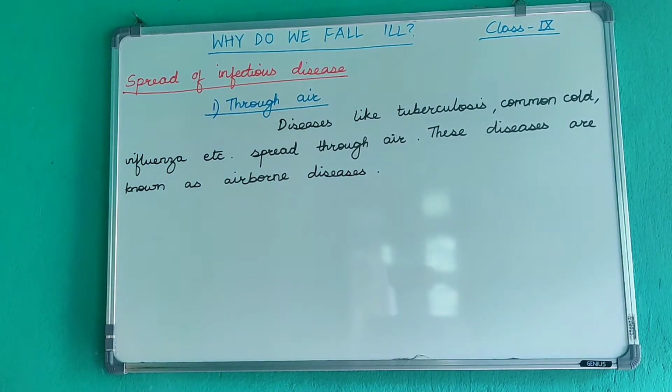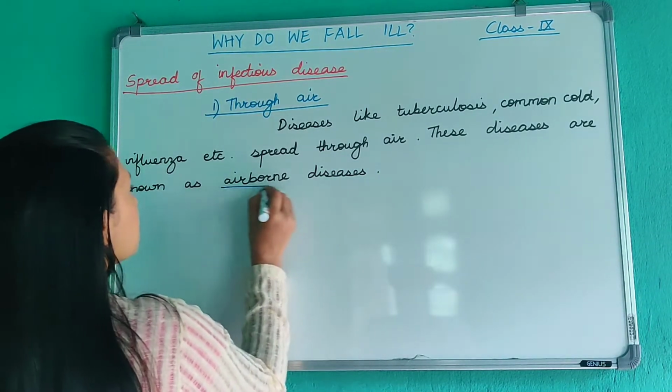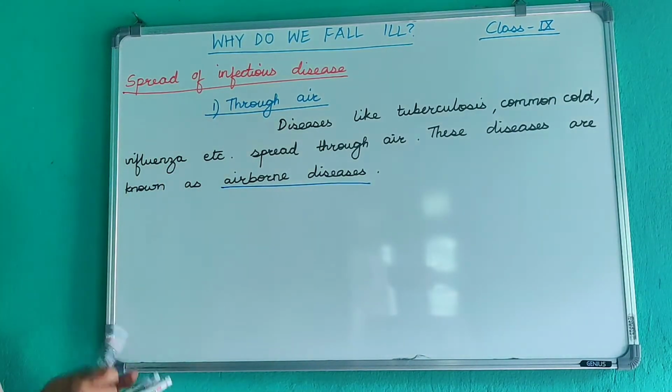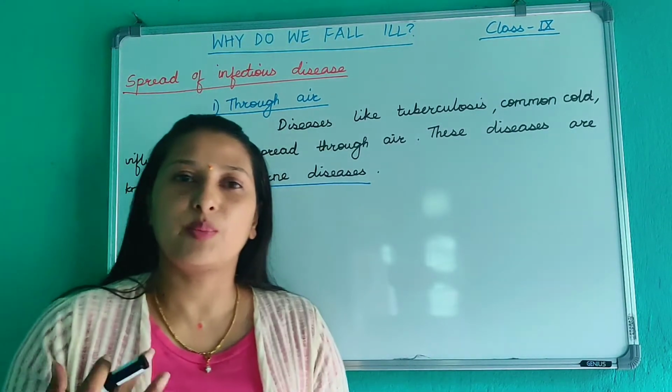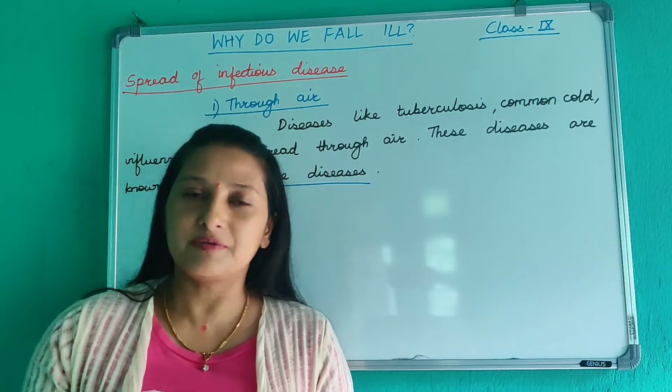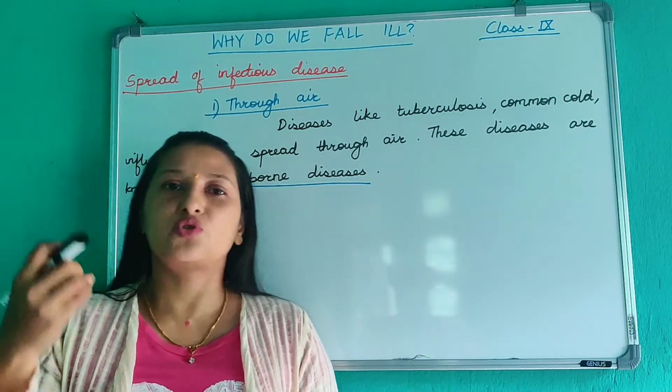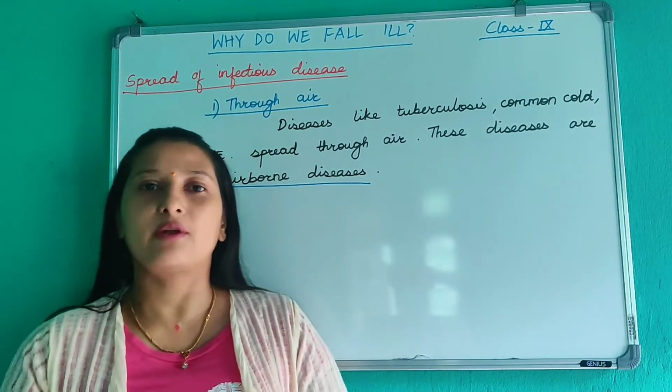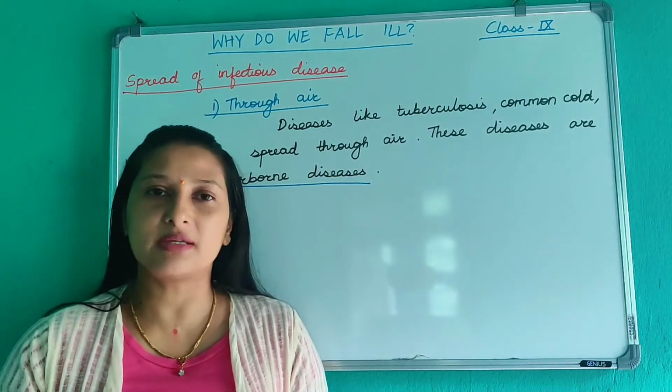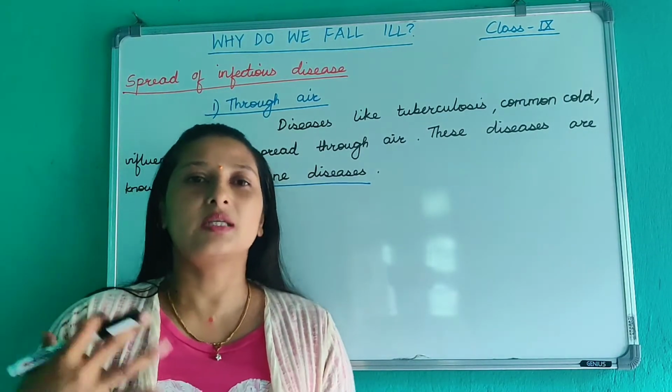And how are these diseases spread through air? When a person sneezes or coughs, the droplets are released into the air, and when we inhale those droplets, we get that disease.